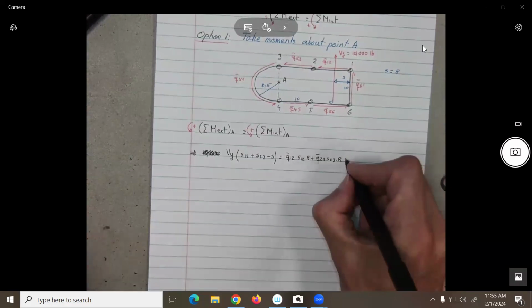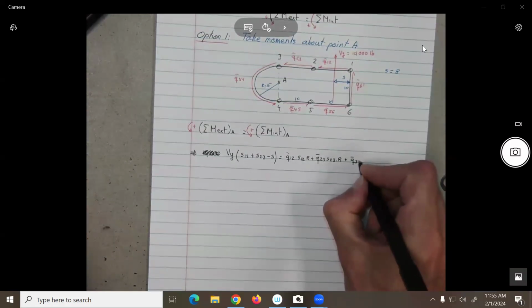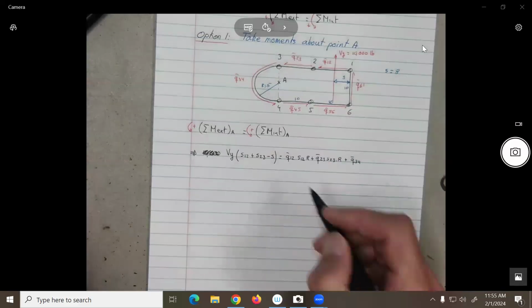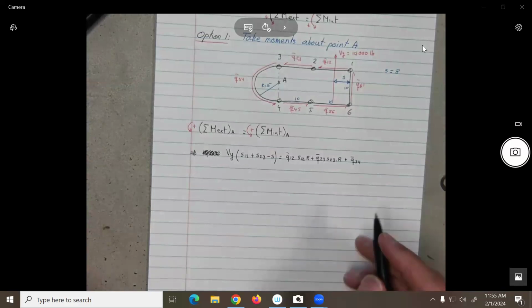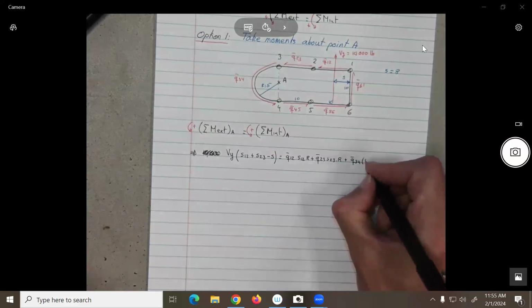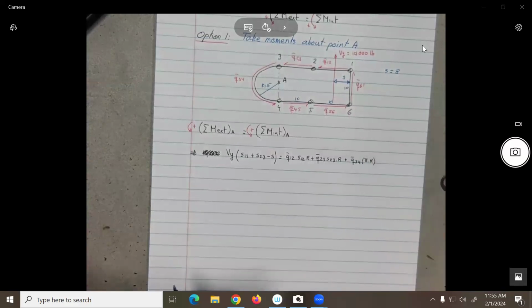Okay, now do exactly the same thing. We have Q34. So we know Q34. What is the distance over which Q34 is being applied? What is the circumference of a circle? 2 pi r, so half a circle will be pi r.